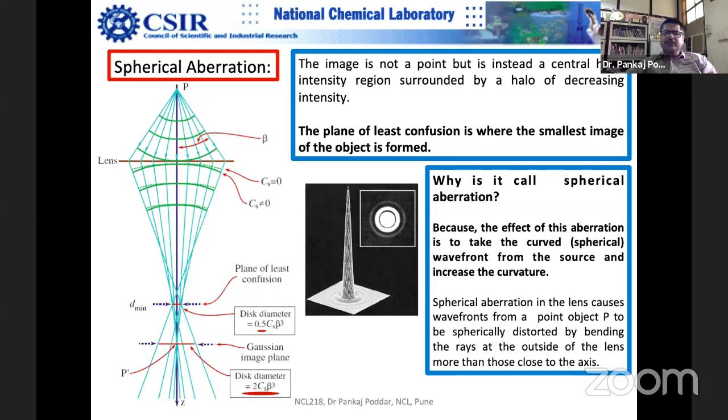That is called the diffraction resolution limit, which was given by Lord Rayleigh as well as Ernst Abbe. They reached similar equations, with a slight difference. So that's why this Airy disk is very important.